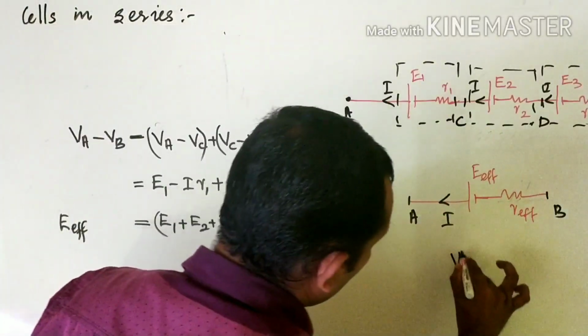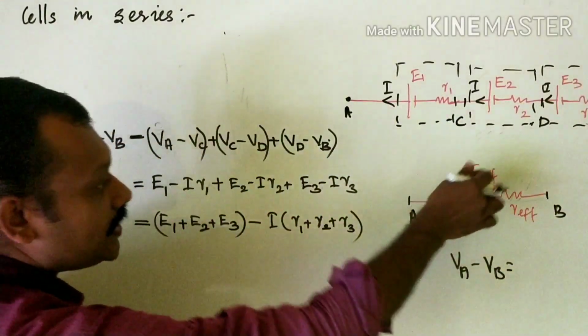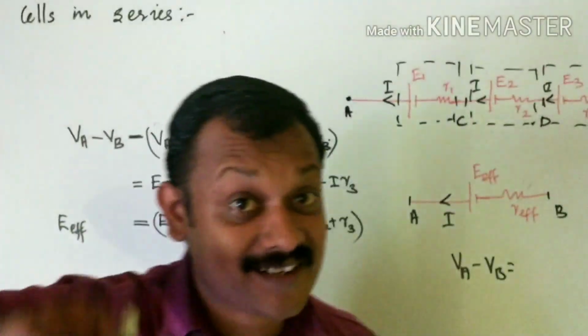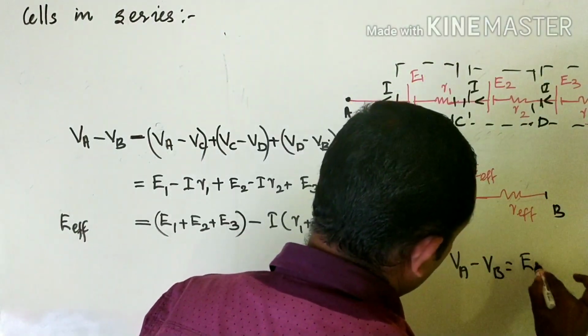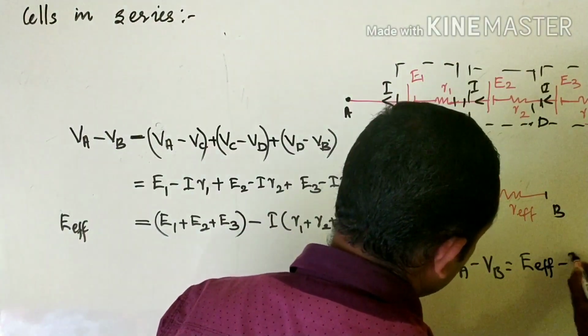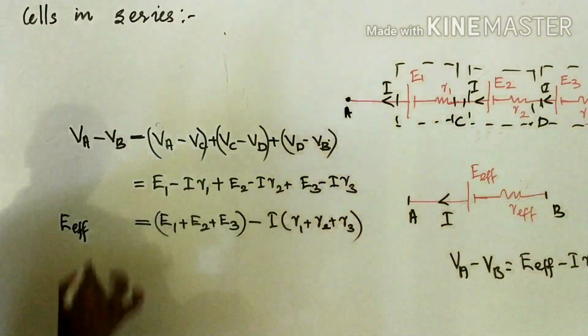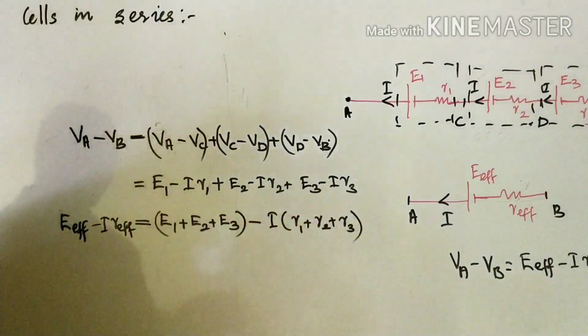Look at this, VA minus VB. Now in this case, A is one terminal of the cell, B is the other terminal, and again it's a discharging cell because current is directed away from the positive terminal. This is equal to E effective minus I into R effective, right?